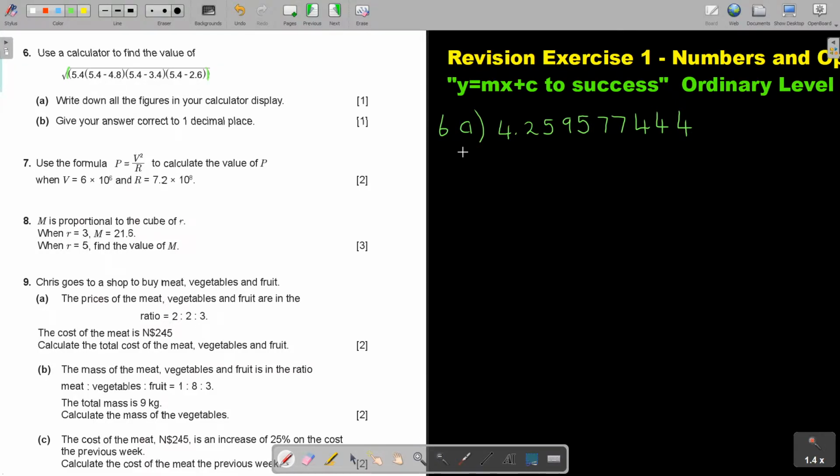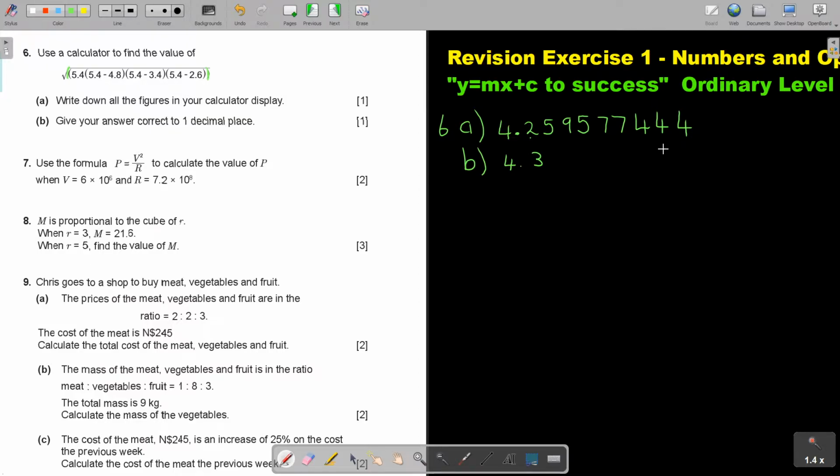Okay, and then we go to number B and give your answer correct to one decimal place. There is the point, there is the decimal place. Look at the one behind. So it will be 4.3. That was very easy. Make sure that for this kind of sums you get full marks. So the full calculator display just means write everything that's on your calculator in number A.